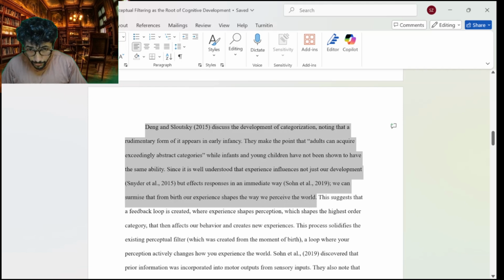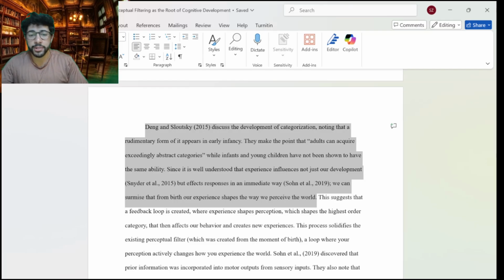What I mean by this, of course, is that from the moment you are born, that highest order category is created. Or even memories that you have before you were born, whatever your first memory is, doesn't matter.